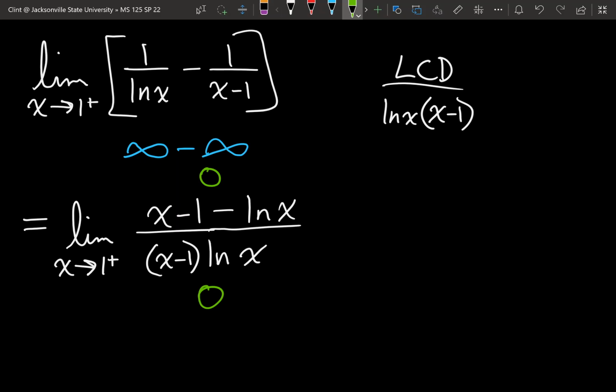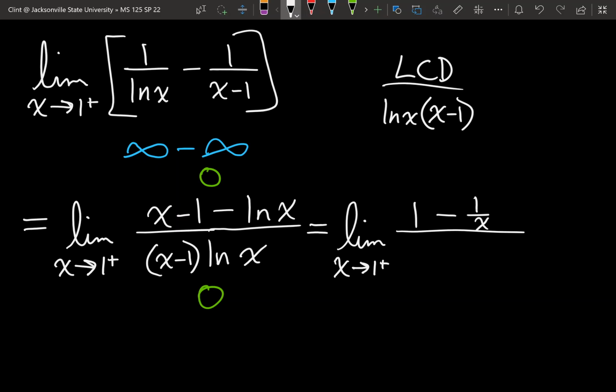Okay. It looks worse than it is. This derivative is not as bad as it might appear. Especially on the top, the derivative of x is 1. The derivative of minus 1 is 0. And then we've got minus the derivative of ln of x, which is 1 over x. The bottom's a little bit worse because we've got the product rule.